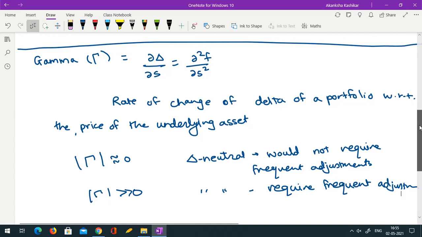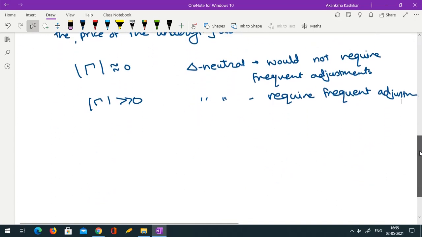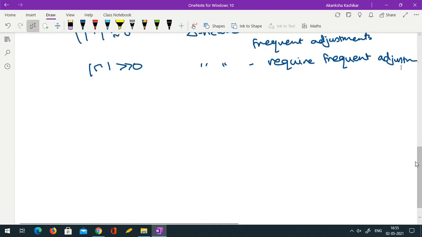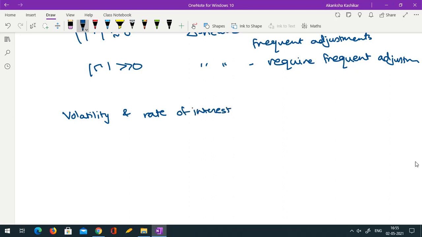So this is the importance of gamma of a portfolio, and there is some relationship between gamma and theta also. Let us try to derive that. Suppose volatility and the risk-free rate of interest remain constant over a small time interval, then we won't have vega and rho in the picture.